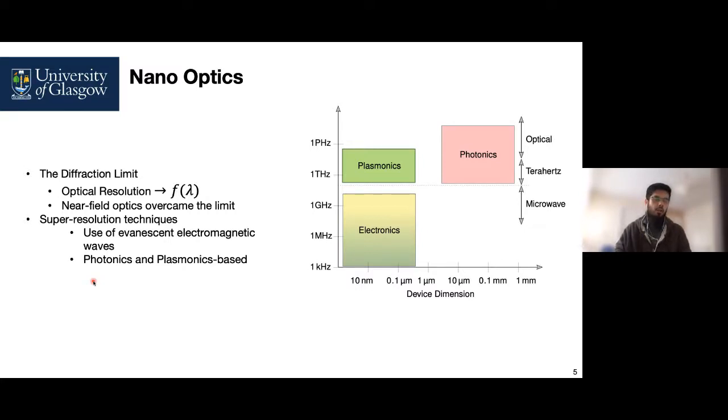Not only have we seen development in terms of conventional optics, we have seen fields such as electronics and other fields, plasmonics, which we'll be talking about in this talk, as well as photonics, in which we create different nanoscale structures and let the light play with those nanoscale structures.